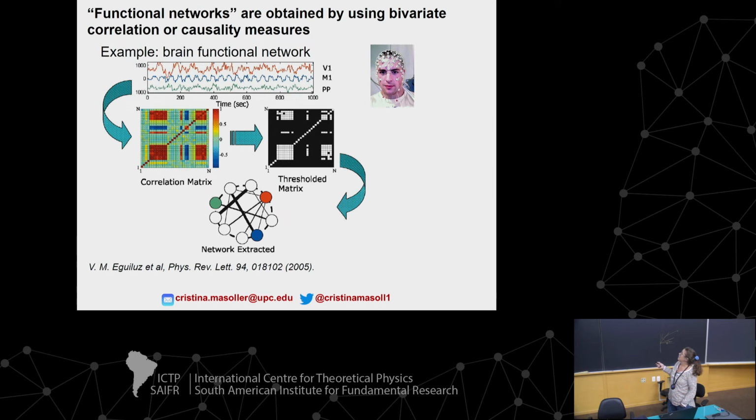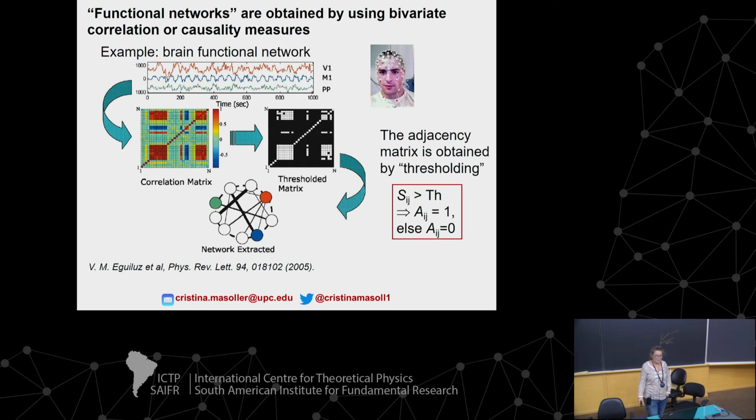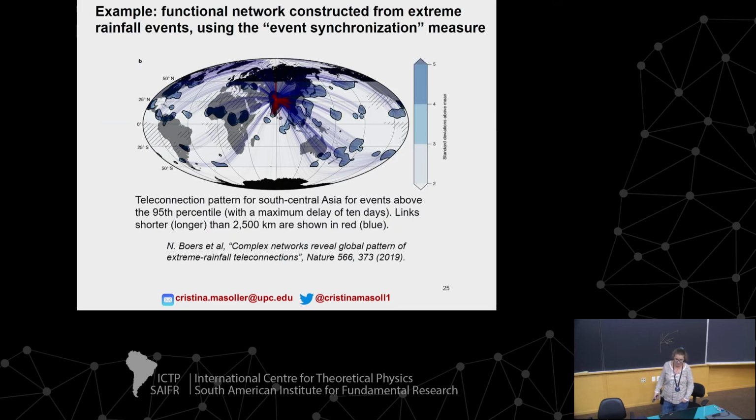Then you can plot your network using some visualization that you like. So basically, to obtain an adjacency matrix, you need to use a threshold. With the similarity index that you use, let's say the mutual information, if it is above a threshold, the 2 nodes are connected, otherwise they're not connected.